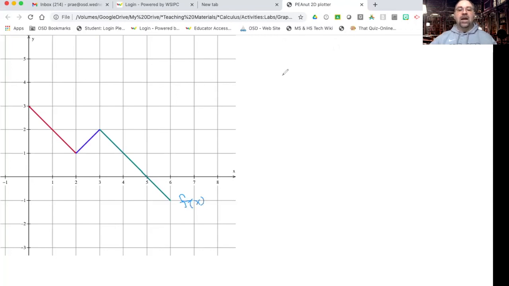I'm sorry, I wrote an x on the f. I think that should be a t. There we go. This is the t-axis. Sorry, the graphing software I use can only do an x-axis, but it's a t-axis.